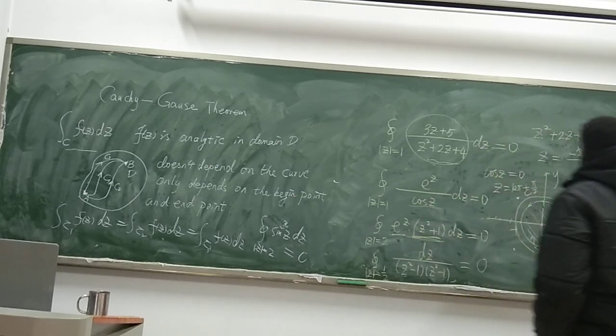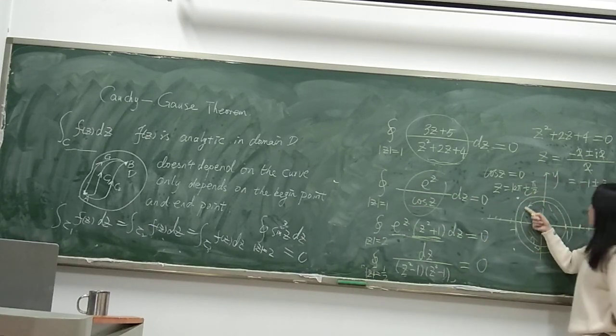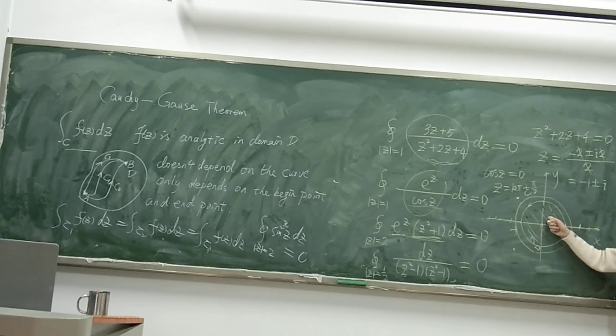If C is closed and this function is analytic on C and inside, the integral is 0. If it's not analytic, maybe not 0. So it must be analytic on C and inside.